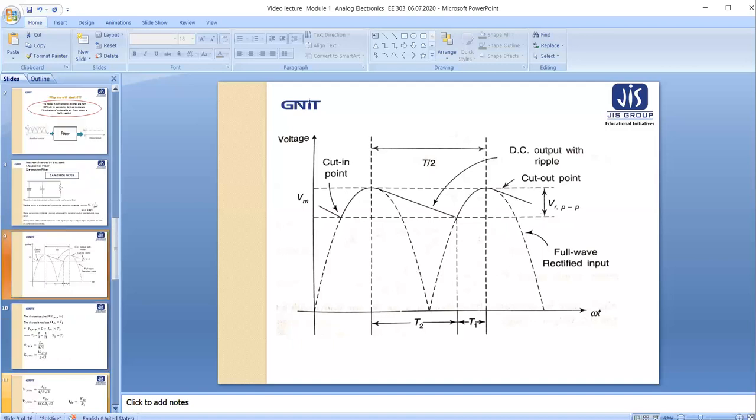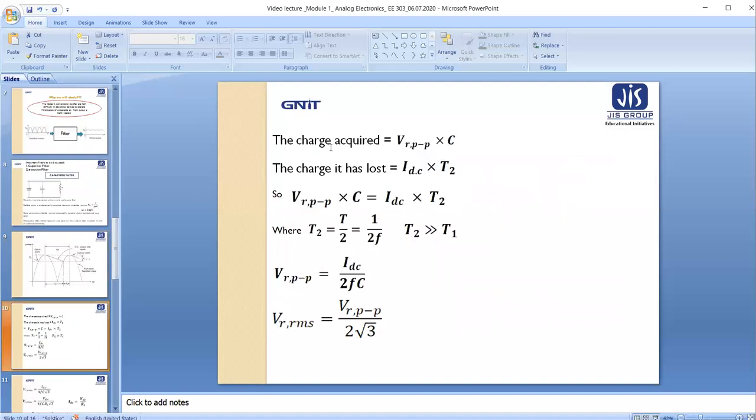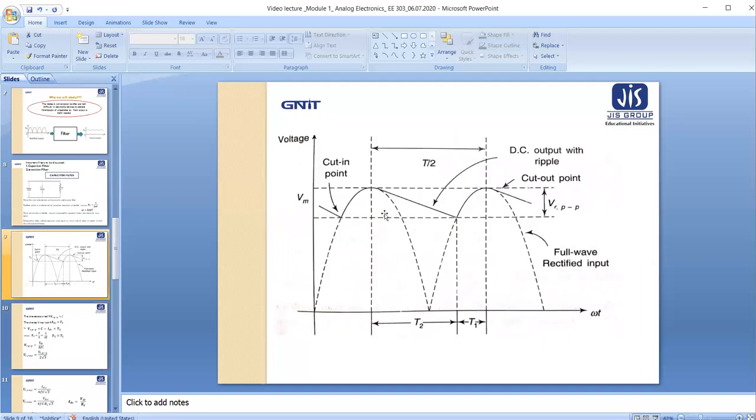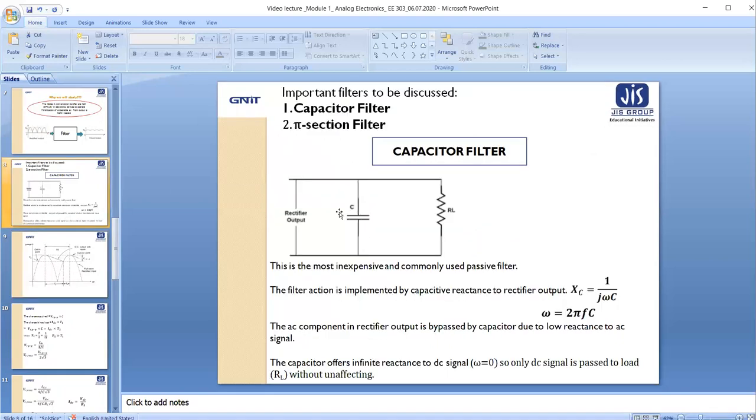We know that the charge acquired by the capacitor is the peak to peak ripple voltage times the capacitor, that is CV. The charge it has lost, you can see, is lost during the time T2. How can we calculate how much charge is lost? It will lose charge equal to the DC current times the time, because during the discharge the capacitor discharges through the load resistance.